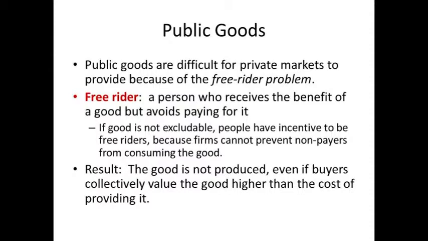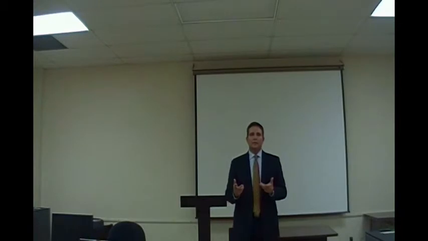Not everybody calls it that, but you know what the term means. The definition in the book is a person who receives the benefit of a good but avoids paying for it. It would be difficult to sell tickets to a fireworks show because it's not excludable. More than likely, a private individual or firm would not produce the fireworks show because it would not be profitable. It would be a loss to them.